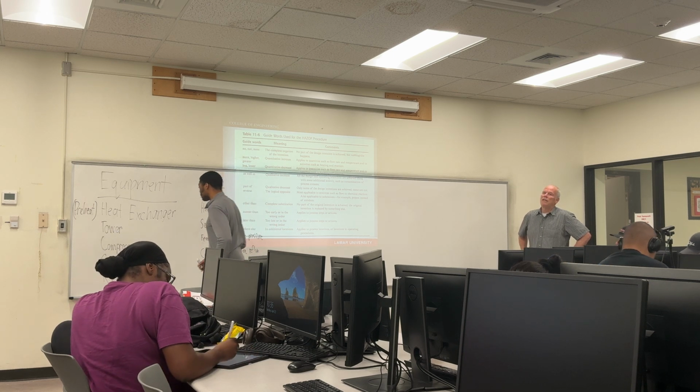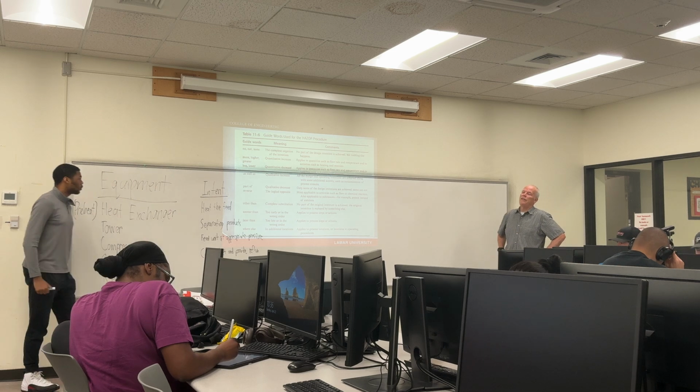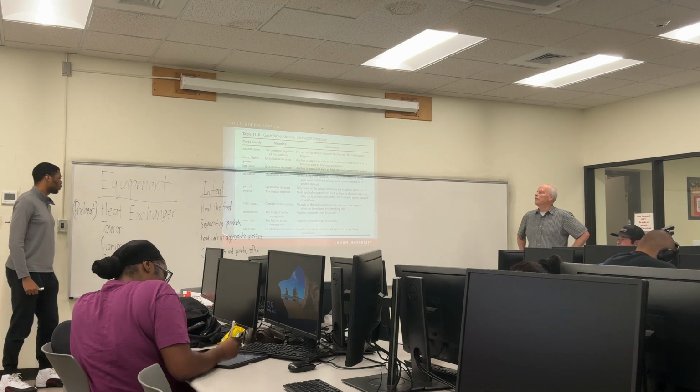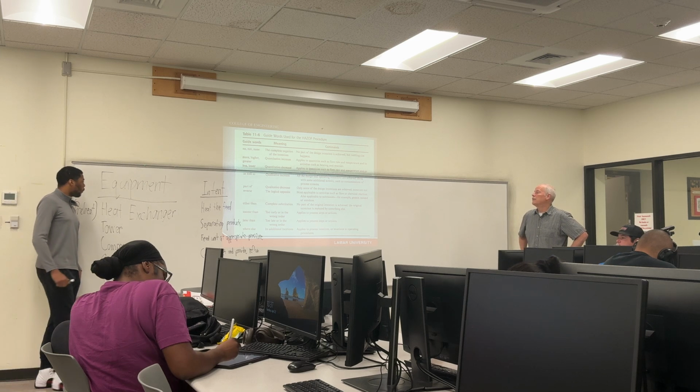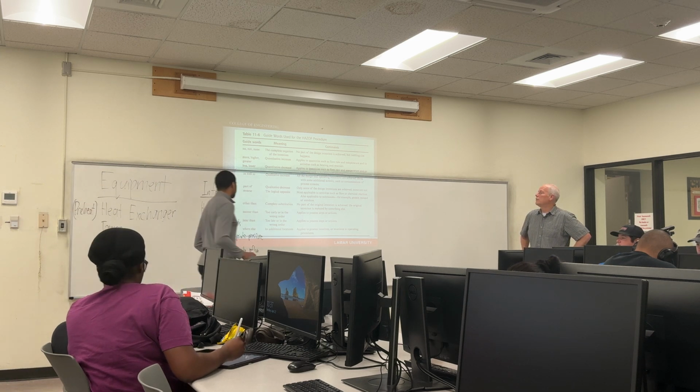Maybe we should do the same thing. Since we did the feed for the other one, maybe we should do the compressor for this one. So draw a compressor and a control system for it.